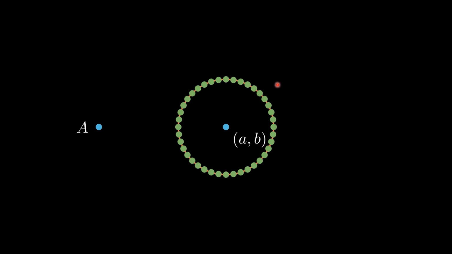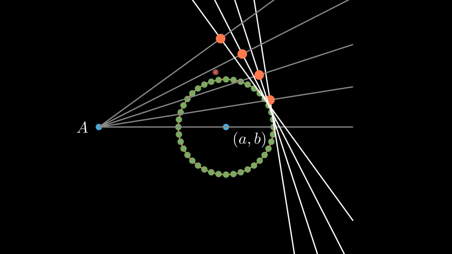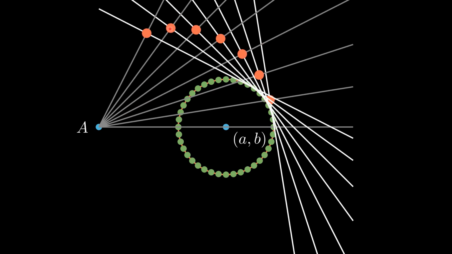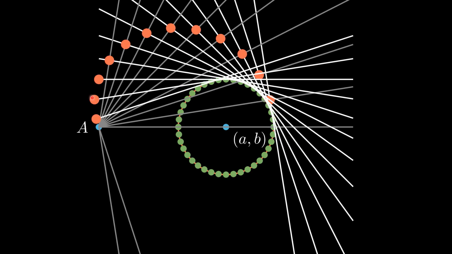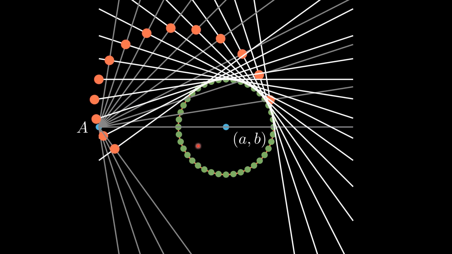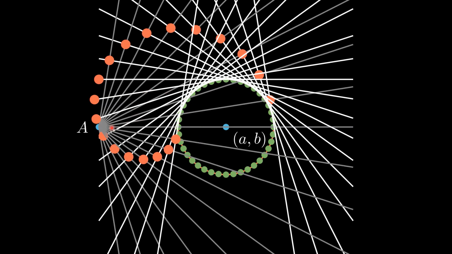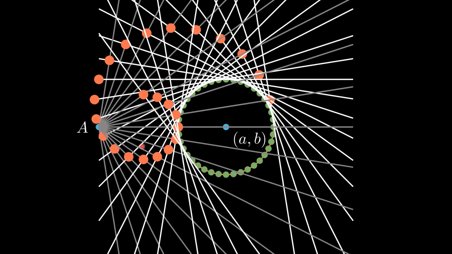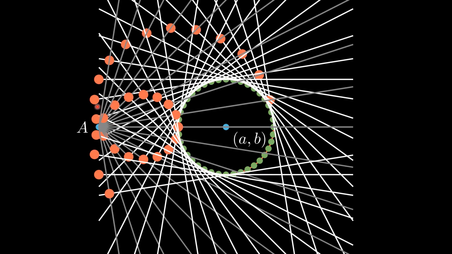And so we'll begin by drawing a tangent to the first point here. And so as you can see, the perpendicular projections to these tangents, we're going to put the dots, the red dots. As we plot all around the circle, you can see that this perpendicular projection from point A to the tangents is tracing out a Limaçon. Right at the edges here, we'll see that these projections are not being drawn.